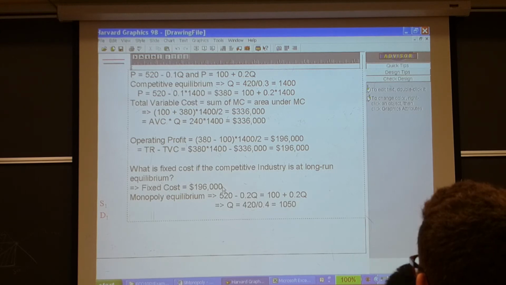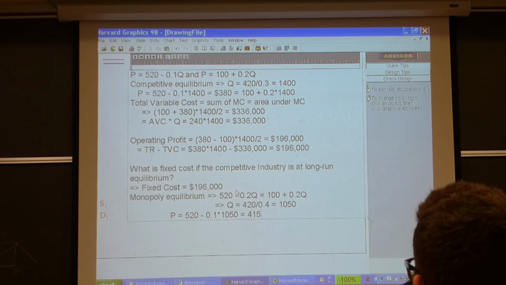Which implies P equals 520 minus 0.1, that's kind of handy, times 1,050. And that is 415, if I'm not mistaken.